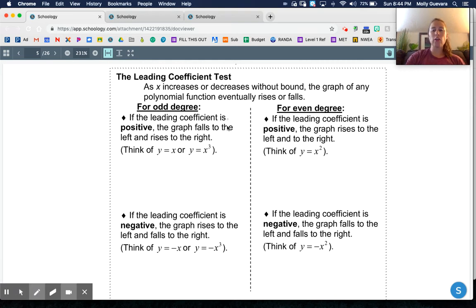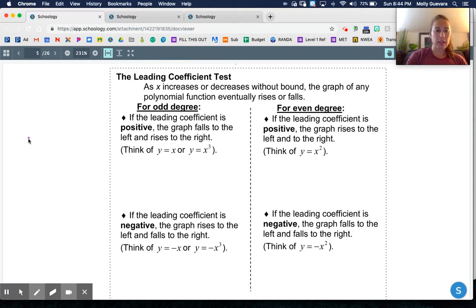So the leading coefficient test. Okay, we have 4 examples here that we're going to draw. And we're only talking about end behavior here. I'll show you what we mean by that, okay? If I have an odd degree, so if the degree is 1 or 3 or 5 or 7, I think we get it.